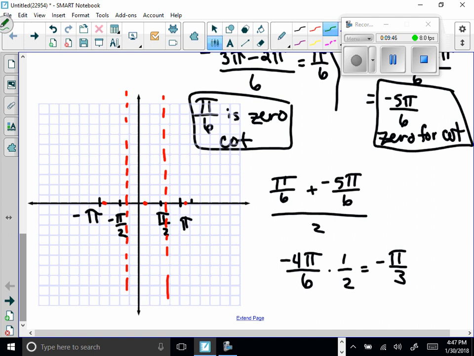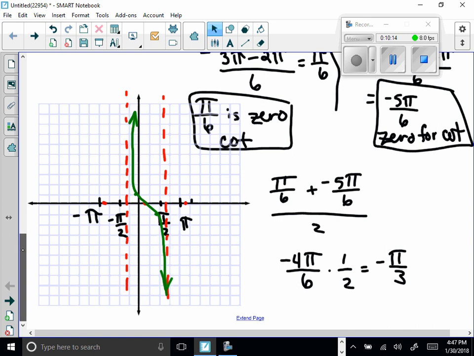And then my cotangent is the opposite of what I have. So in between my asymptote and a 0 on the left, I'm going to have a maximum, or kind of a critical point, I guess, of 1. And then between my asymptote and 0, I'm going to have a point at negative 1 there. And so that's my cotangent function.